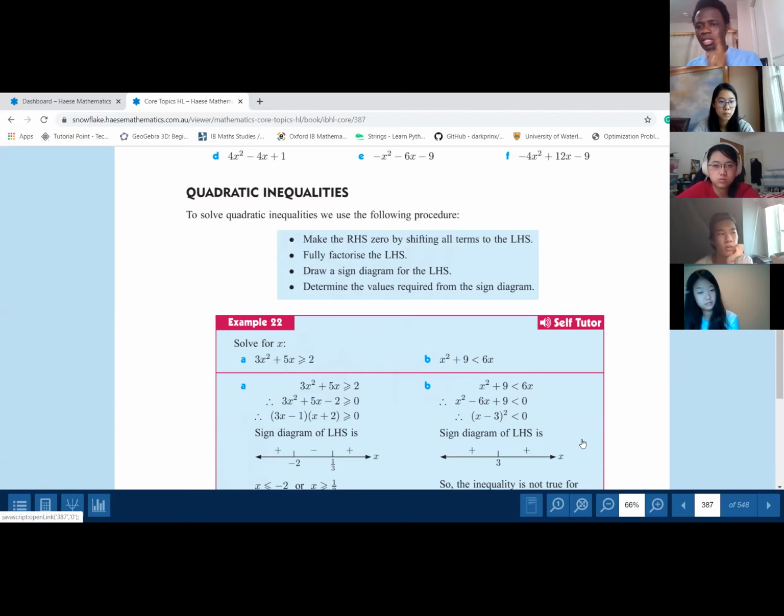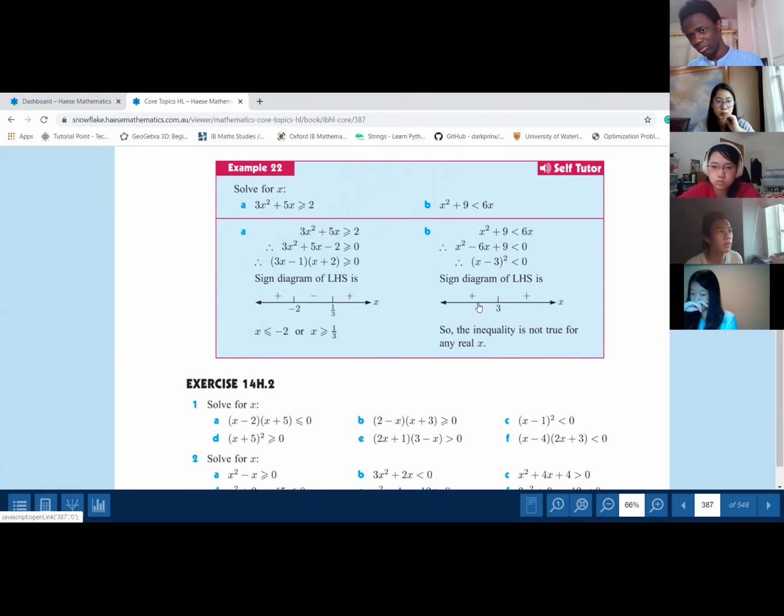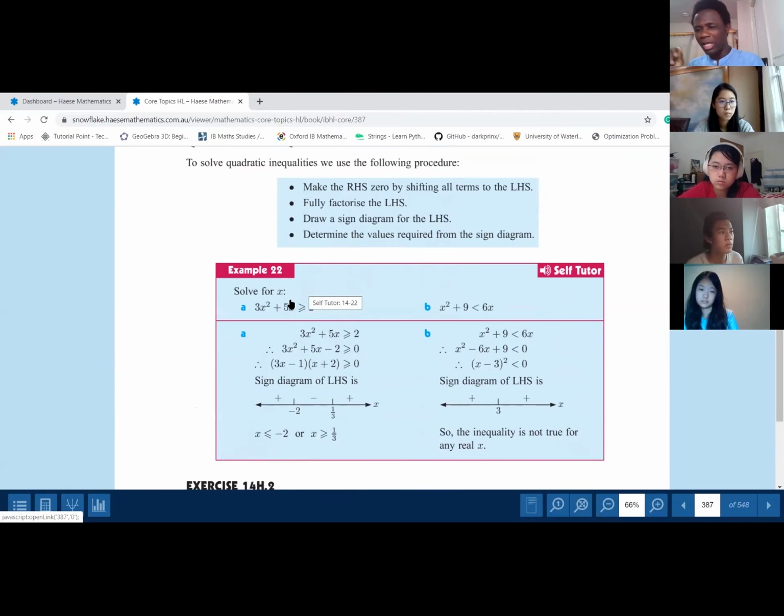When you say factorize fully, you need to be sure if you can actually factorize in some cases. Now, look at this case. This can be factorized, because when you bring this here and you do your b squared minus 4ac, you can get factors. Here also you can get factors. These are perfect squares. But in some cases, you cannot get factors. So when you notice that you are finding it difficult to get the factors, just check your b squared minus 4ac to see if it gives complex roots.